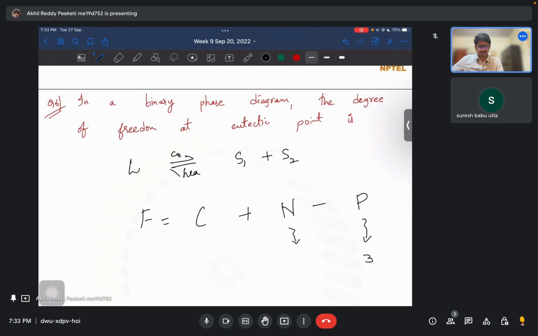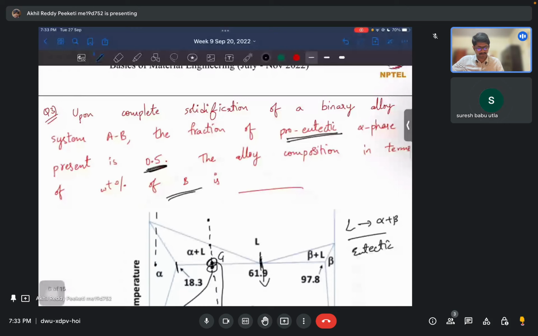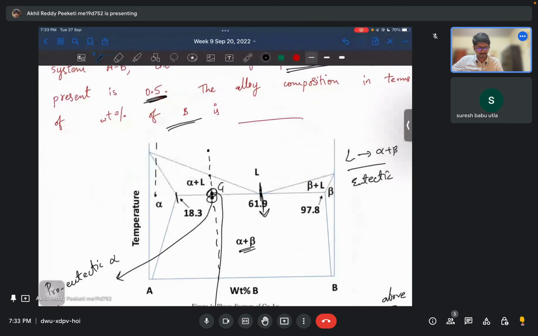Because in a metal alloy we don't consider the pressure, there is only temperature, so N is 1, the non-composition variables. There are two solid phases, right? One liquid converts to two solids, alpha plus beta. So this is the eutectic mixture.